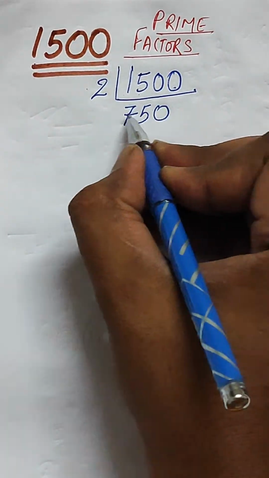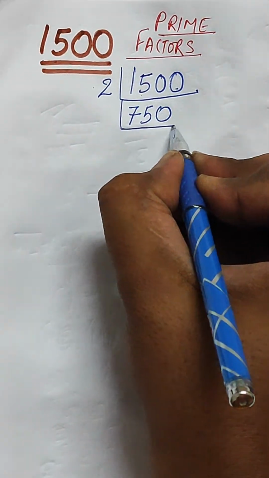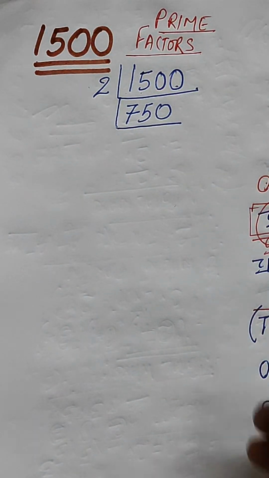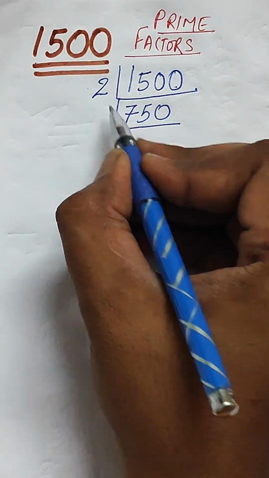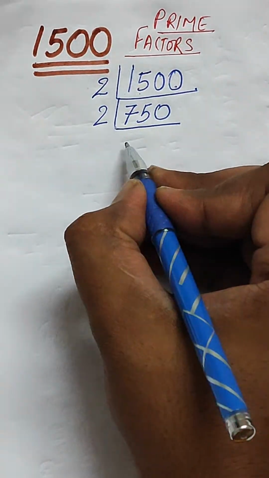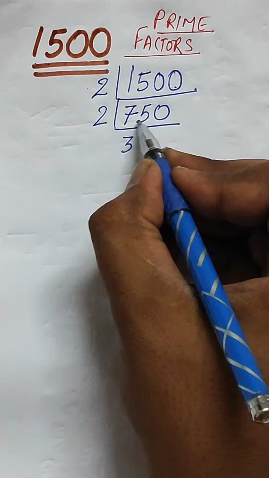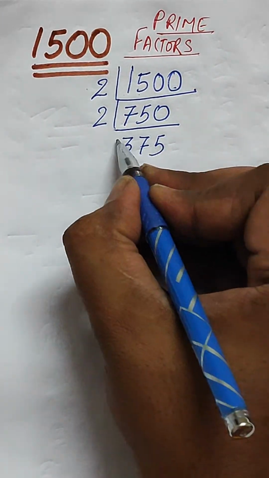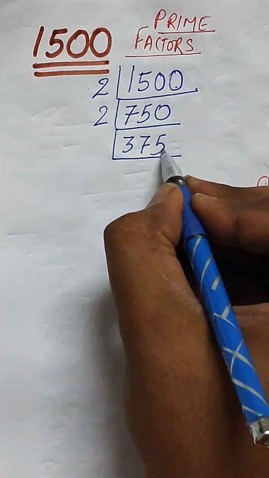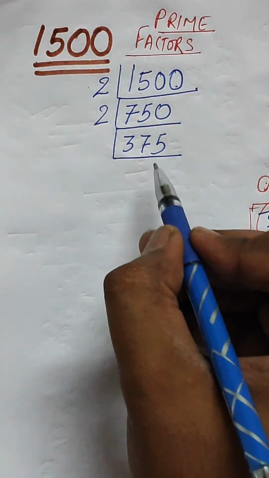In 750 times it is completely divided. Now comes 750. From 2 it is again divisible. Now this number is not divisible by 2.